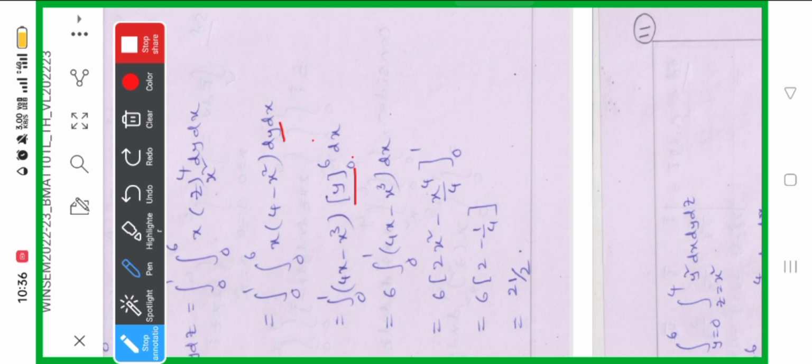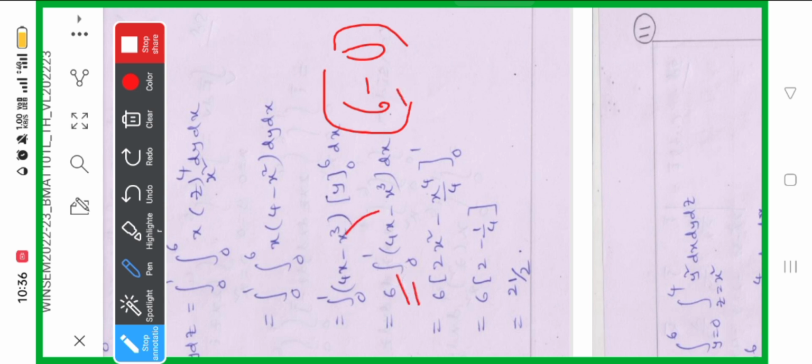The lower term will become 0, so only the upper term, 6, needs to be substituted. It is 6 minus 0. Take this 6 as a constant over here, and this is automatically 4x minus x cube. Again now integrate with dx.